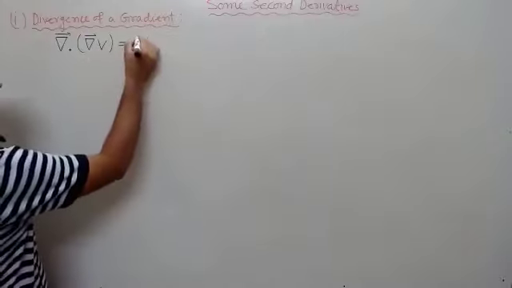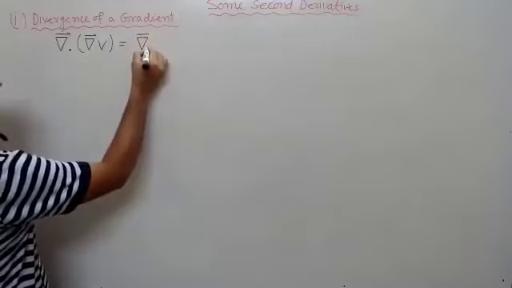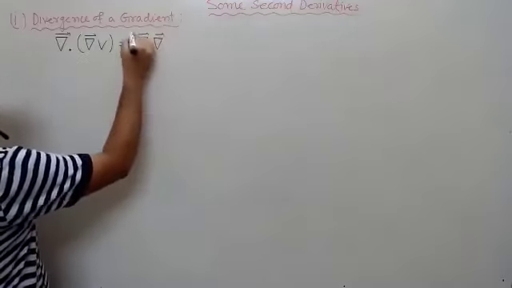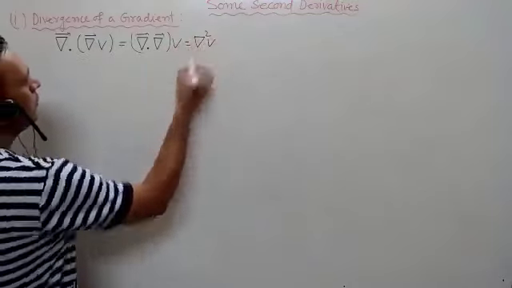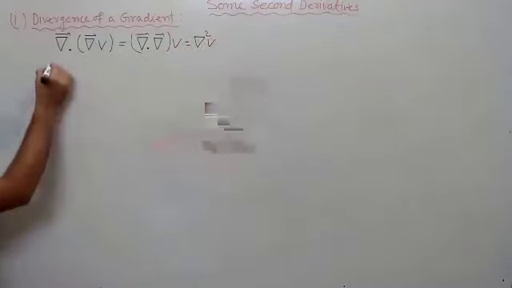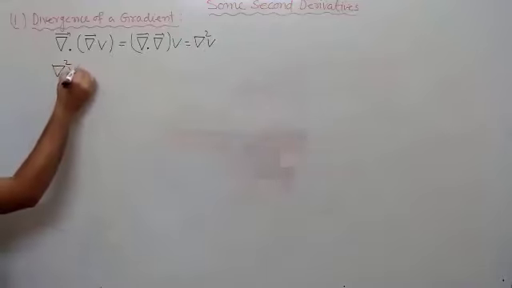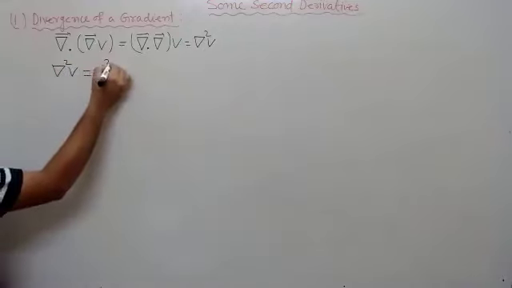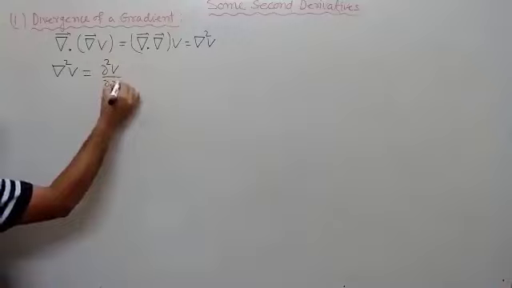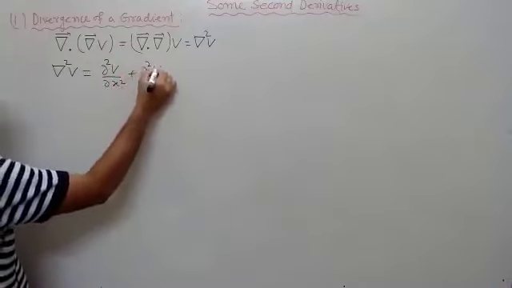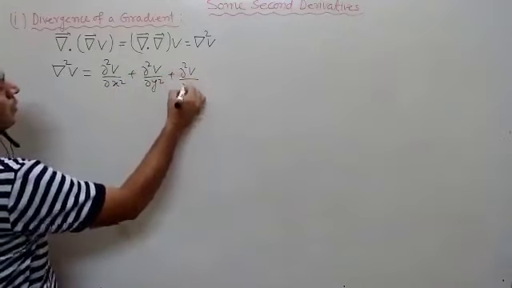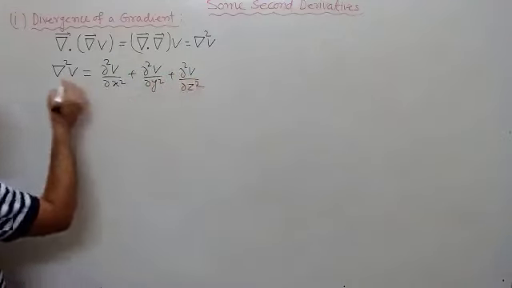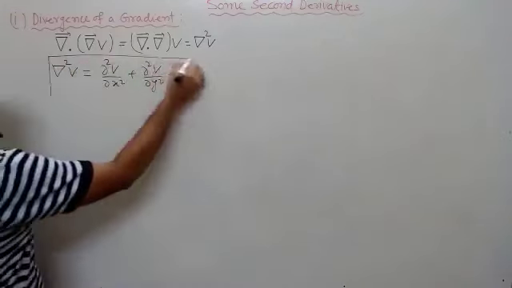So we can write del dot del, and you have to operate this on V, so that is del square V. This is the Laplacian operator.